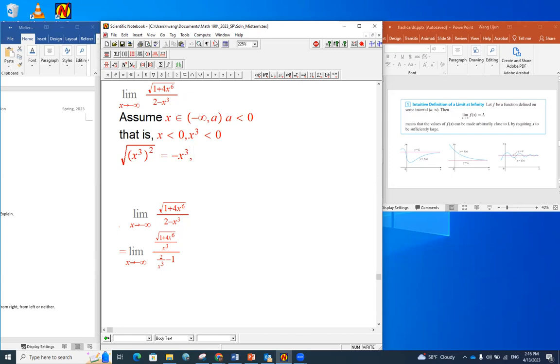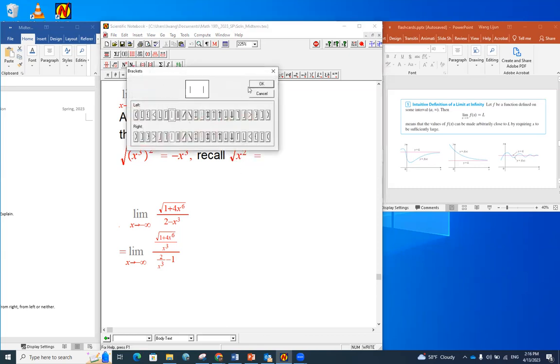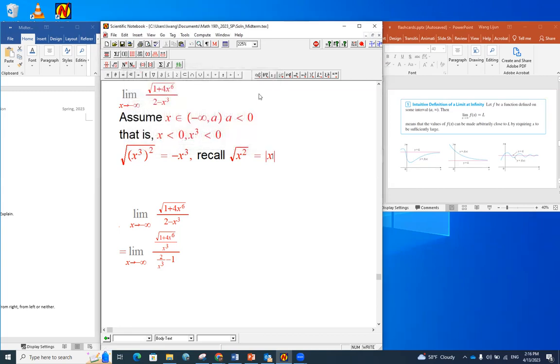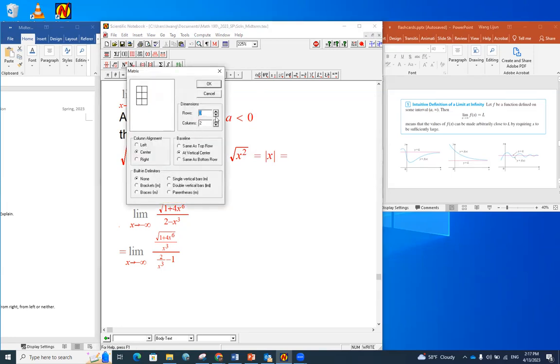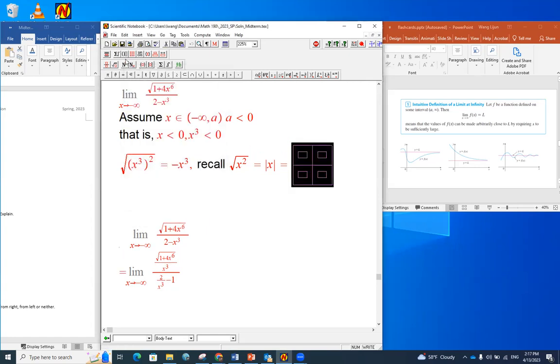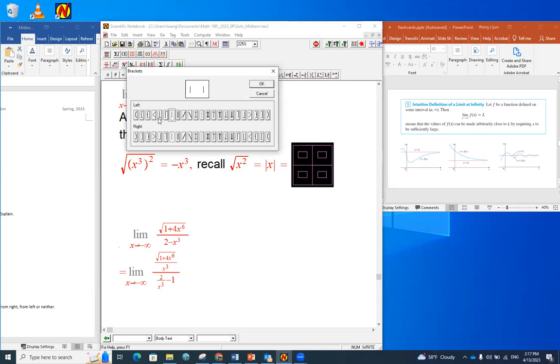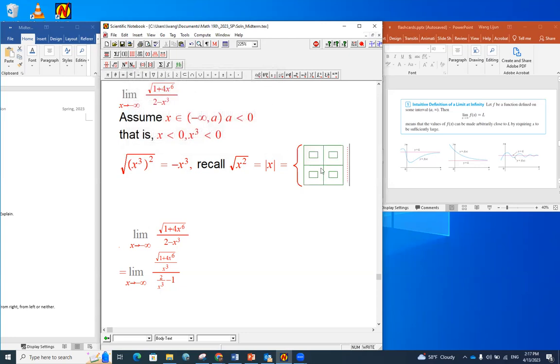Okay, so recall, I'm certain you get this, but I just want to make sure. The square root of x squared is equal to the absolute value of x, right?